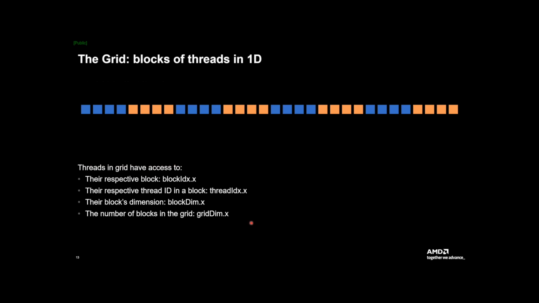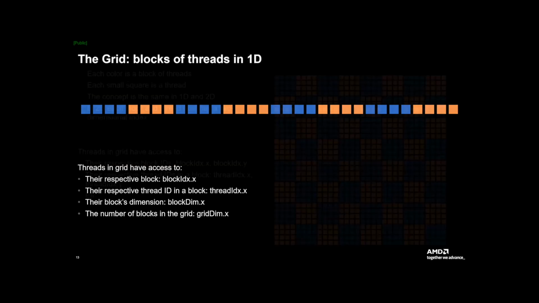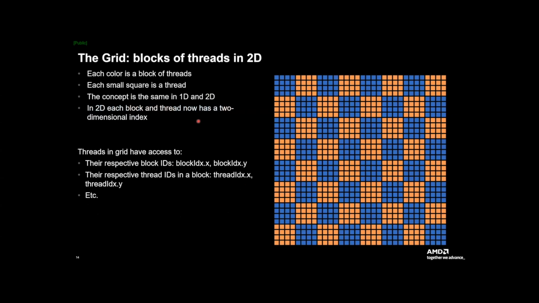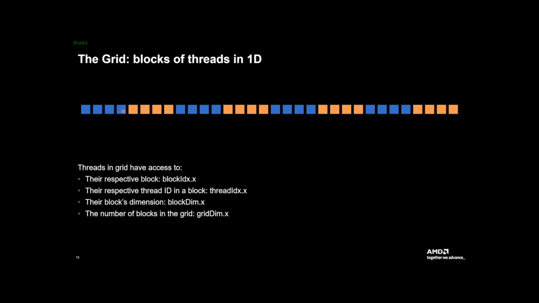Okay, let's see now the blocks of threads in 1D. So you see here that the different colors are blocks of threads. Threads in the grid have access to their respective block. So we can say this is one block and this is another block, with the colors. They have the thread ID, threadIdx.x.